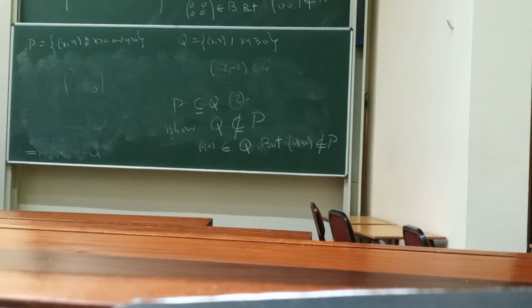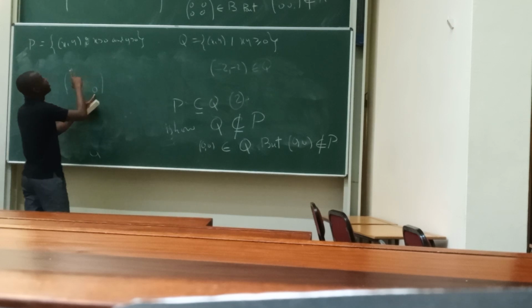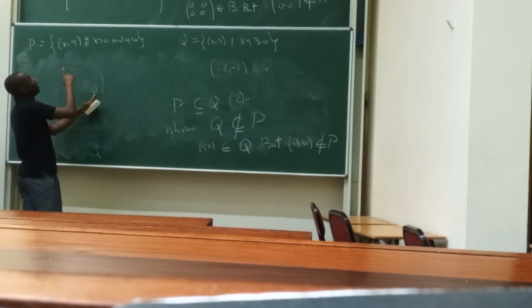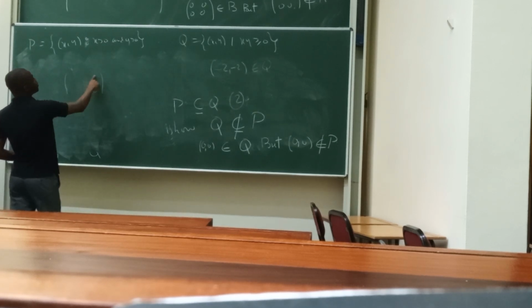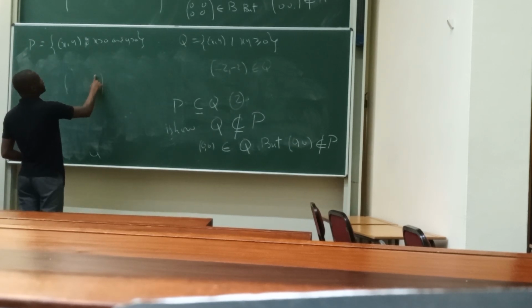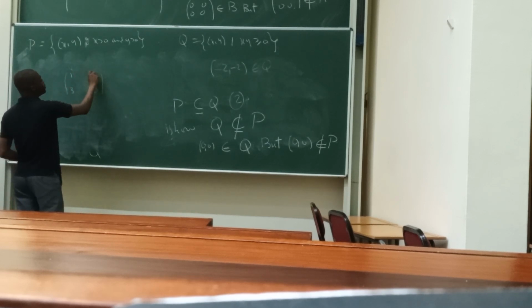So if I take 0 now, this is D, and I need to have C plus D. My C should be here. So let's take 3. Then I will have 1, 2.